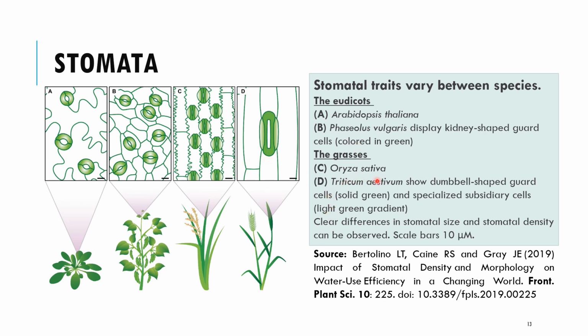C is Oryza sativa, and D is Triticum aestivum. They show a dumbbell shape of guard cells and specialized subsidiary cells. Clear differences in stomatal size and stomatal density can be observed, and I give you more detail here.